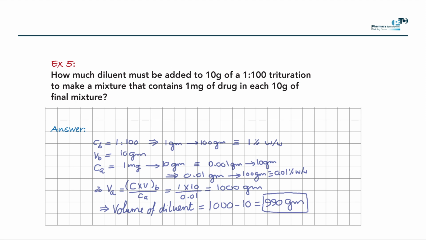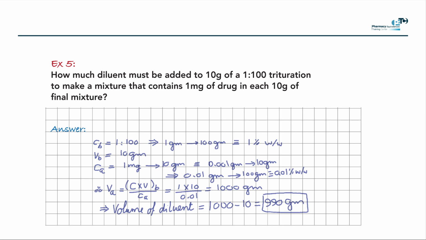How will we do that? Here we get the 0.001 gram per 10 grams, so we can multiply it by 10 to obtain 0.01 gram per 100 grams. So here we get the percentage 0.01% weight per weight.